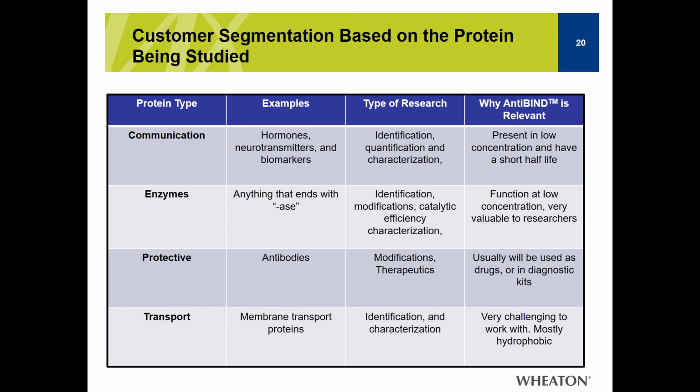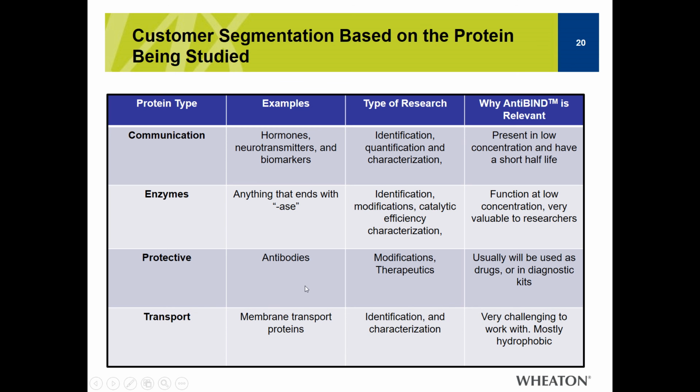You can also modify it to make it work a little bit faster, or increase its catalytic efficiency, and also characterize it by finding out the primary structure, the secondary structure, and how it works in the body. And again, it's relevant because it can function at lower concentration, so it's a valuable protein, and the researcher might use a small amount of it to see the reactions they're looking for.